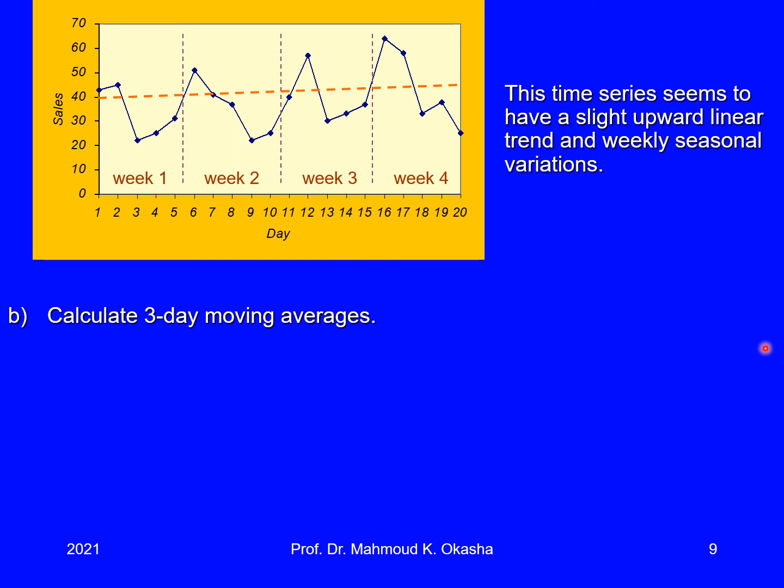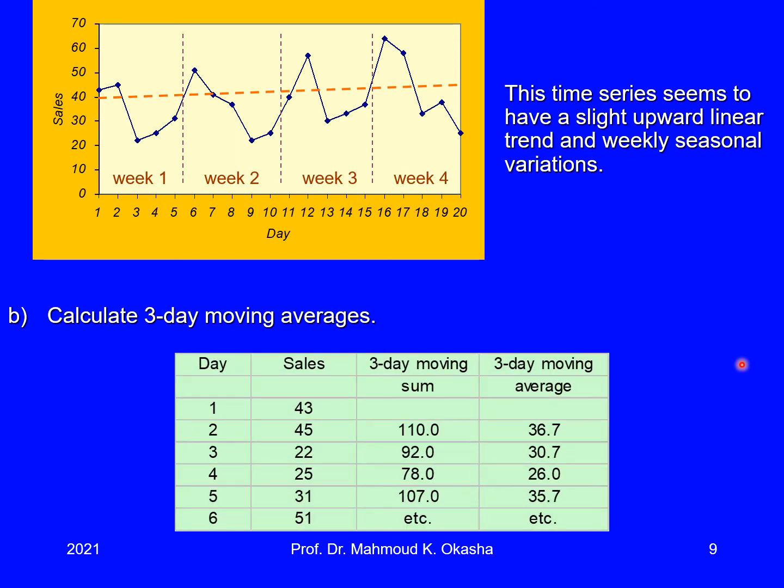So we can start by calculating a 3-day moving average. That's a simple approach of smoothing, and with the smoothing we can estimate the trend like a straight line. So that's a way of smoothing, as I mentioned.